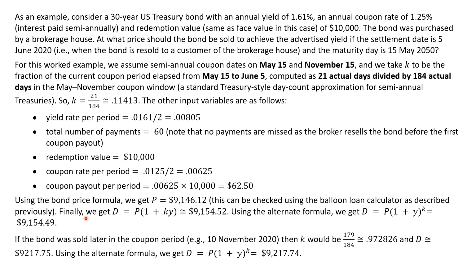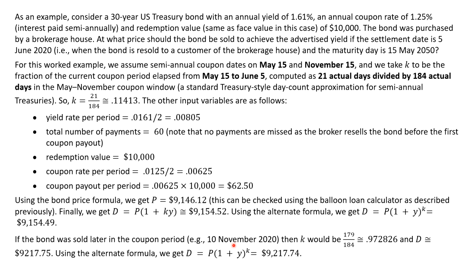And we want to get the dirty price because we want to know exactly what it's being sold at to the customer. So there's two ways, as we mentioned before. One is to use the simple interest formula, that was K, plugged in, and we get this number here. And if we use the alternate formula, this compounding formula, we get a slightly different number.